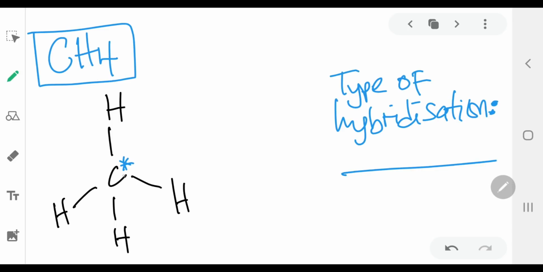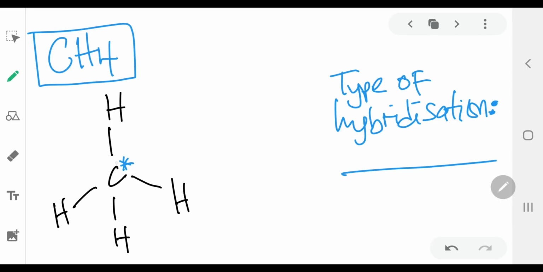For example, over here, the asterisk is right over there. The star sign is located at the carbon. Remember, just now in the important notes number 2, we have stated that only the central atom will be getting hybridization, and then all the H over here will not get hybridized because they are terminal atoms, and you do not have multiple bonds right over here.